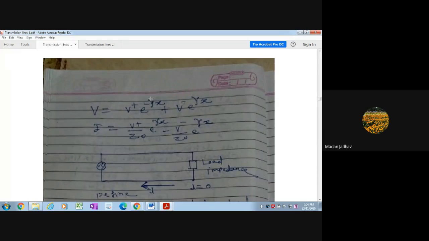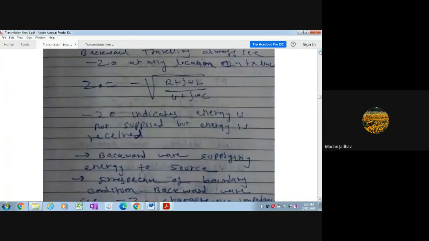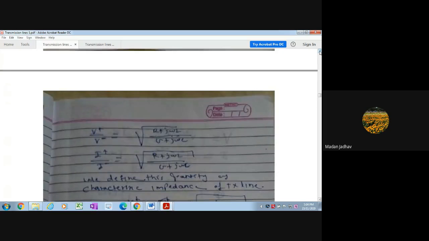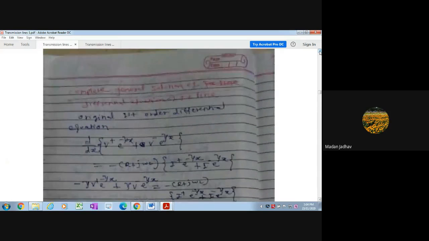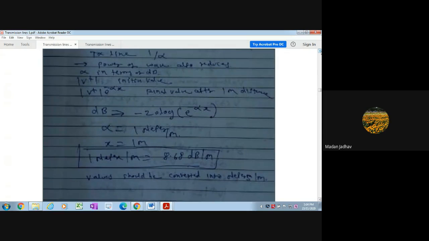Gamma is the propagation constant, and it is given by gamma is equal to alpha plus j beta.